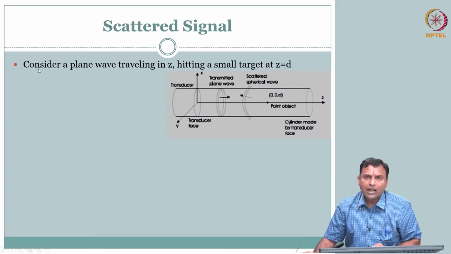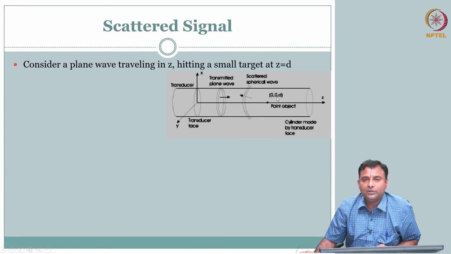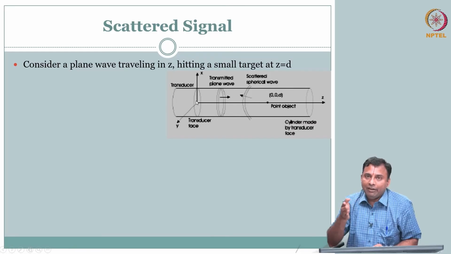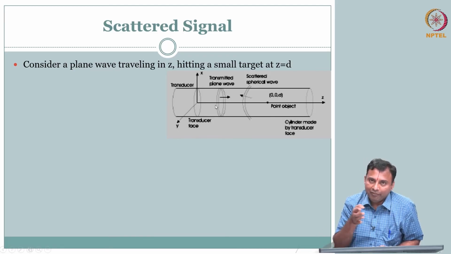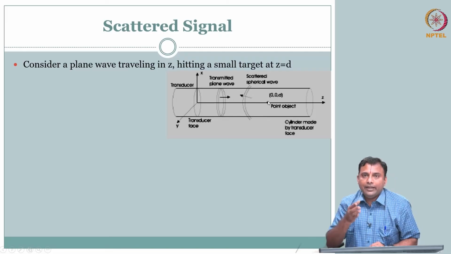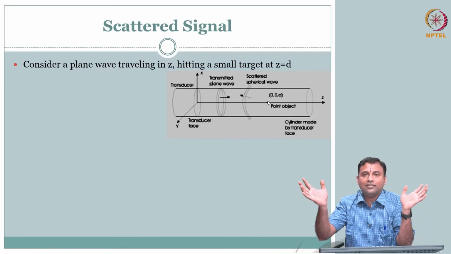So, our interest is if you have a point object at some location D, and I send my plane wave, which I know how to write, what is going to happen here? It is going to go as a plane wave, but when it hits the point, it is going to scatter all around.